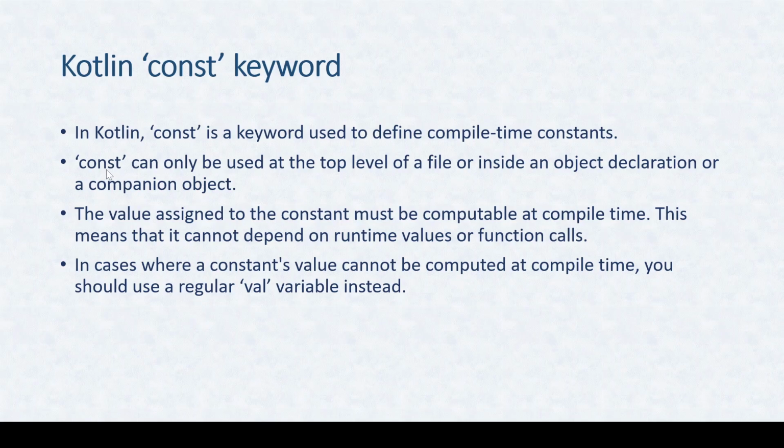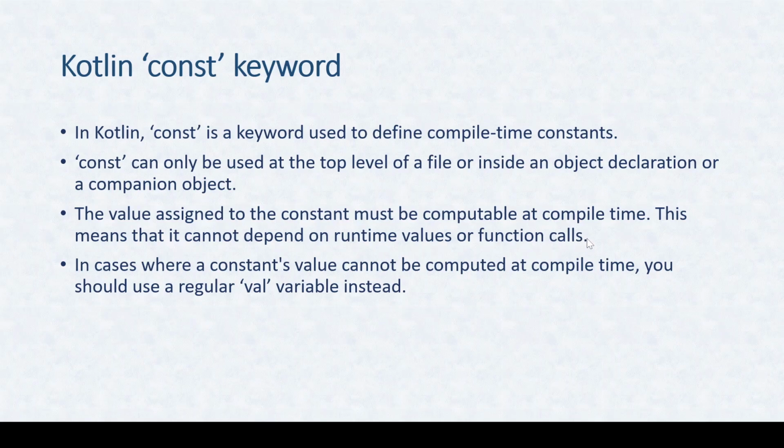And the second point, const can only be used at top level of a file or inside an object declaration or a companion object. Okay, next point, the value assigned to the constant must be computable at compile time. This means that it cannot depend on runtime values or function calls.